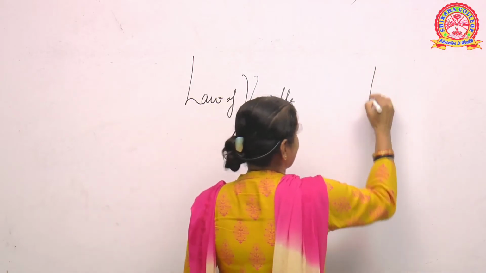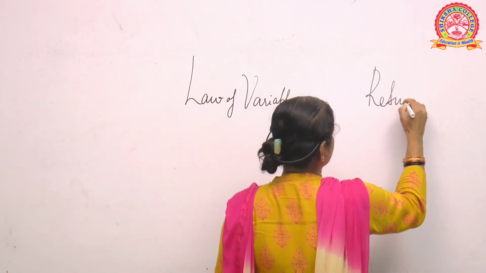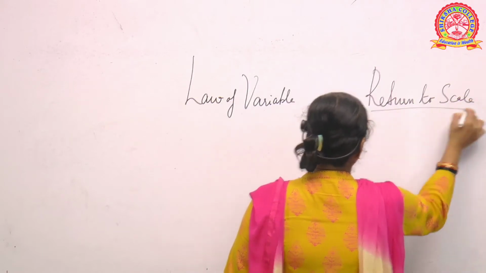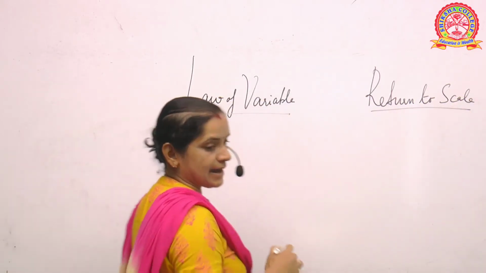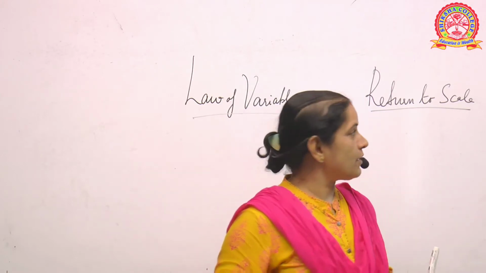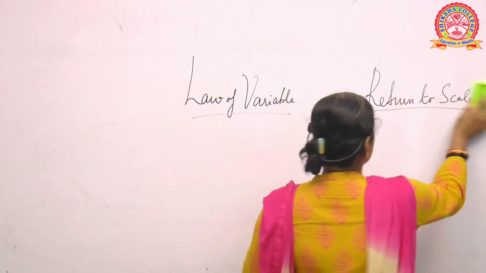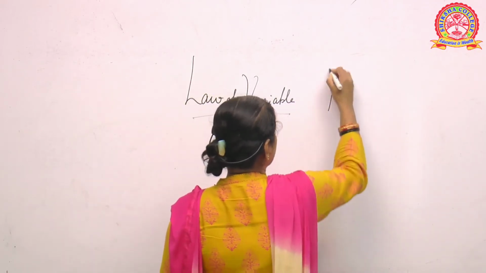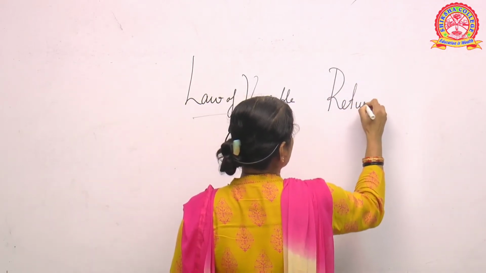Today we are going to have a brief discussion comparing these two laws, like what is the difference, how they differ, and then we'll switch over to a new topic.